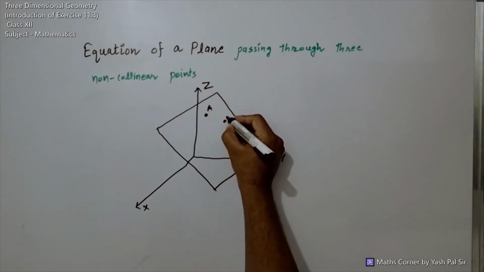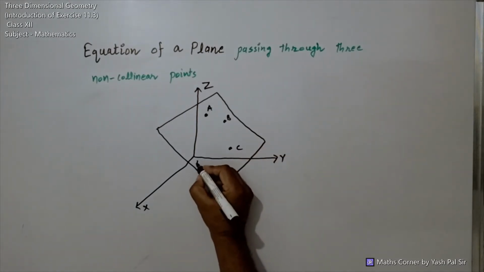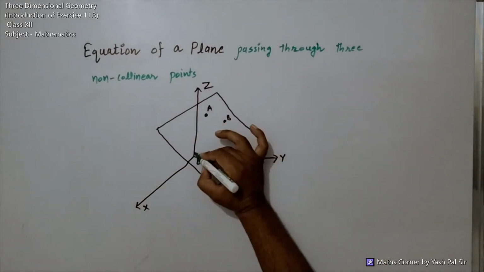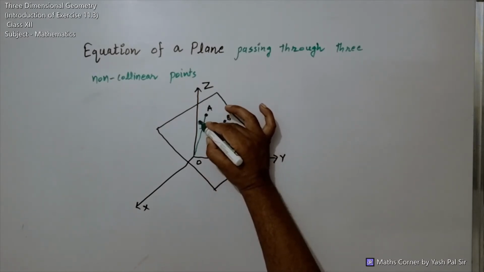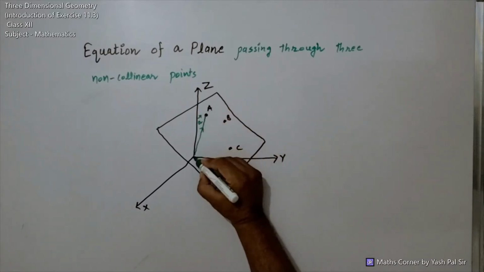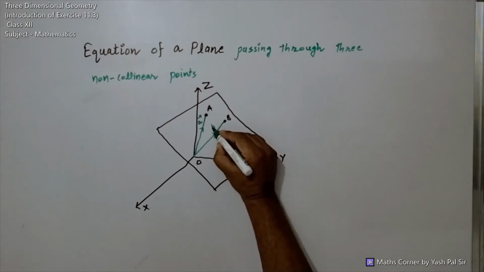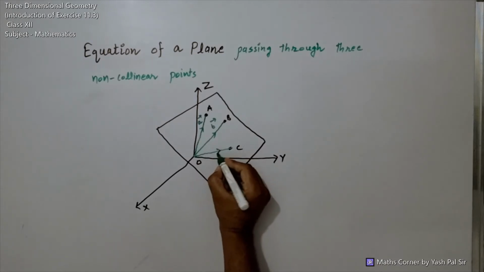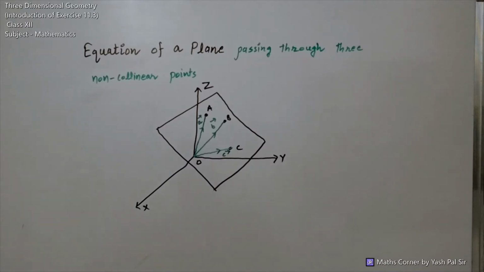Suppose this is point A, this is point B, and this is another point C, origin O. Now the position vector of OA, suppose this is vector A, position vector of OB, suppose this is vector B, and position vector of OC, suppose this is vector C.